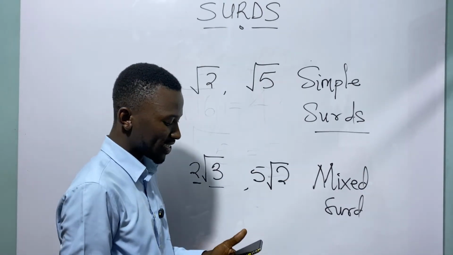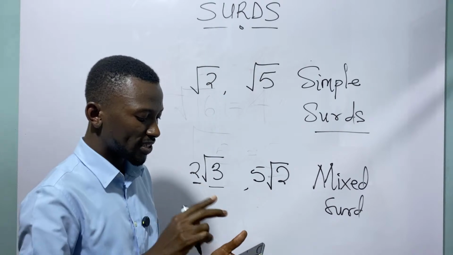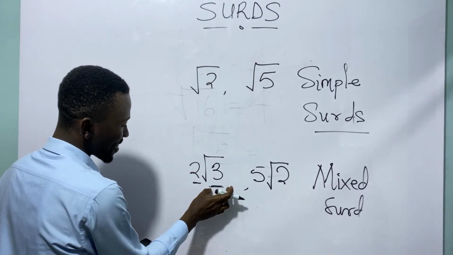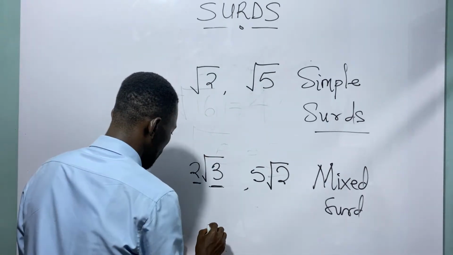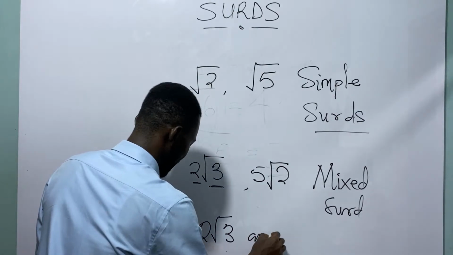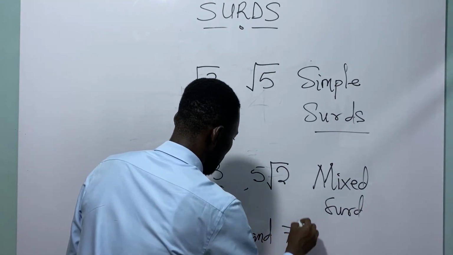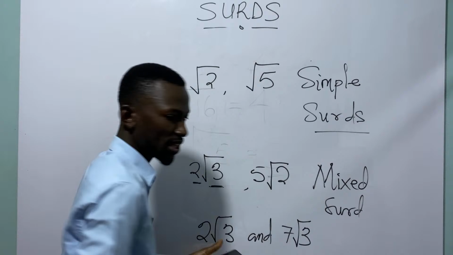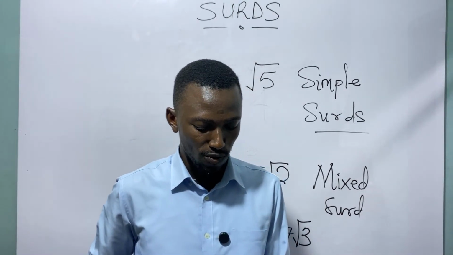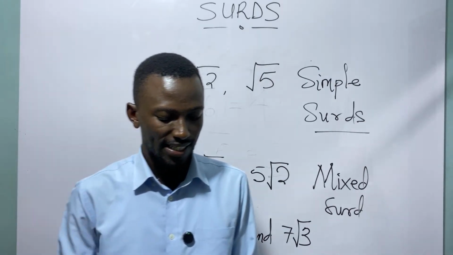Then we have similar surds. Two surds are said to be similar if the numbers under the square root sign are the same. For example, if we have 2 root 3 and 7 root 3. So 2 root 3 and 7 root 3 are known as what?